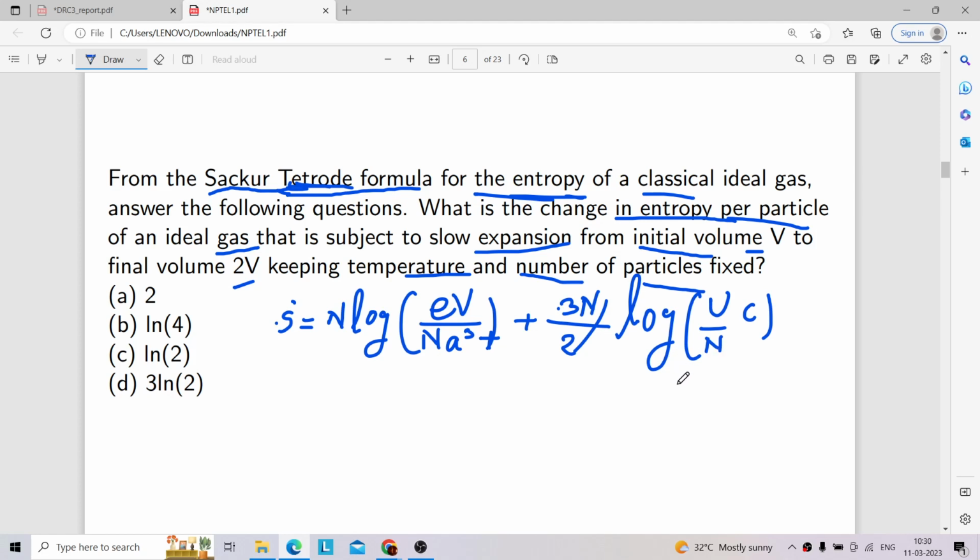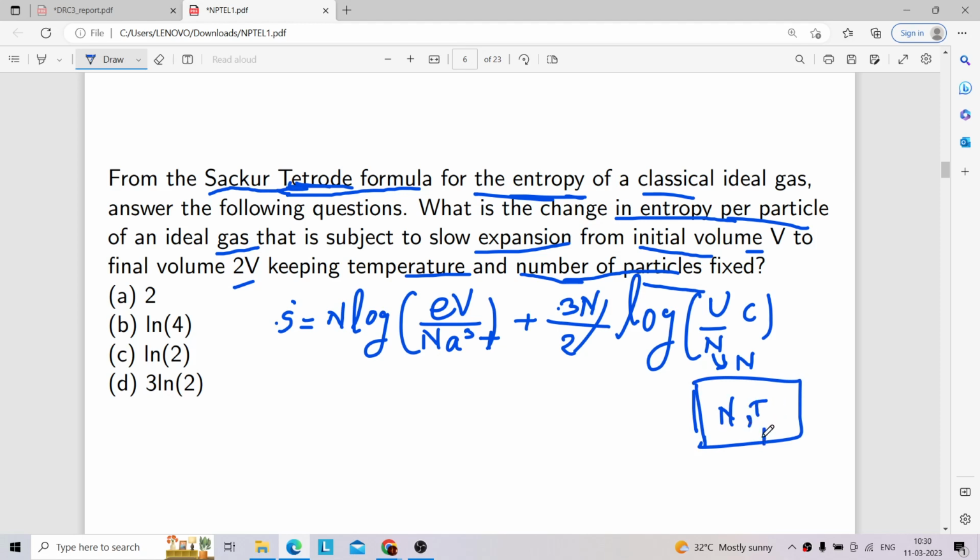As the question says, the number of particles is fixed, meaning N is fixed, and the temperature is also fixed. So in our system we have a constant number of particles and the temperature is also fixed.